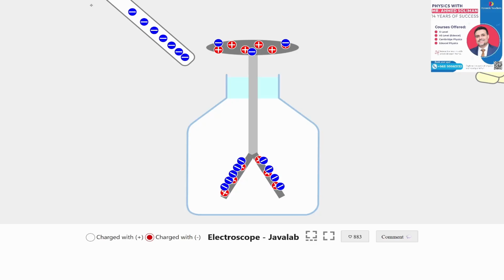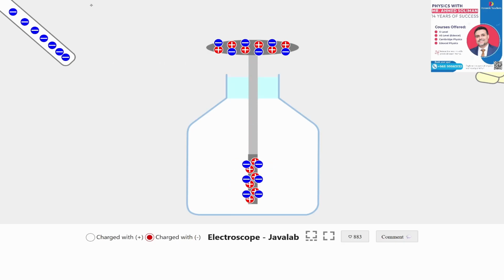Okay, it moves up away from the other leaf, right? Yeah. Because they have the same charge, so they repel. When I move it away again, they stick together as at the beginning.